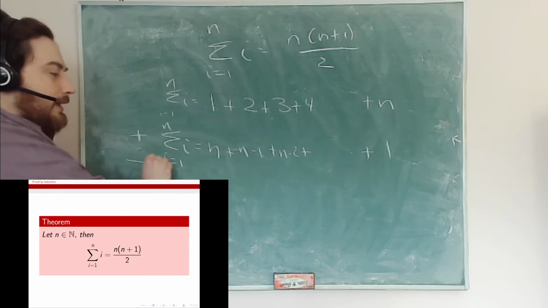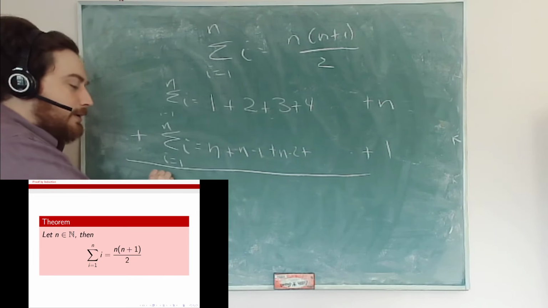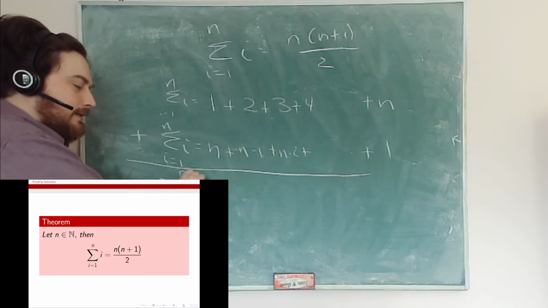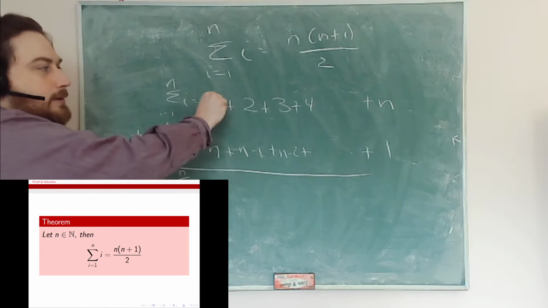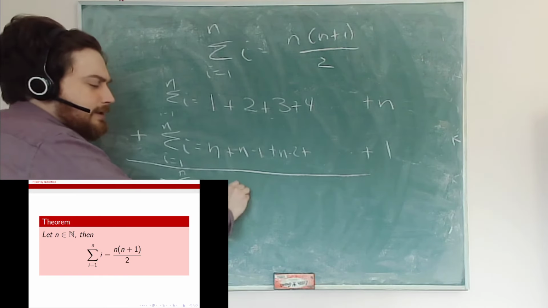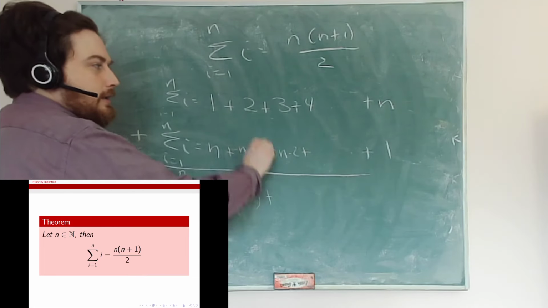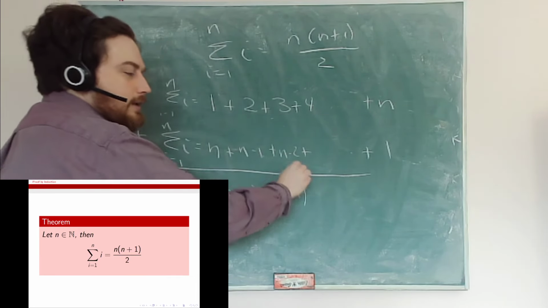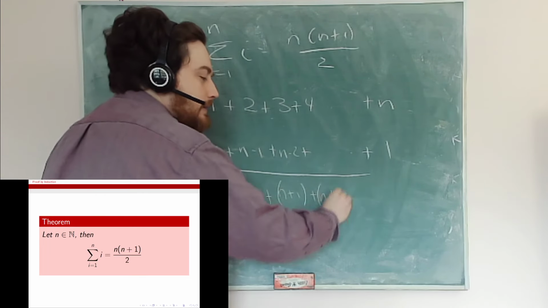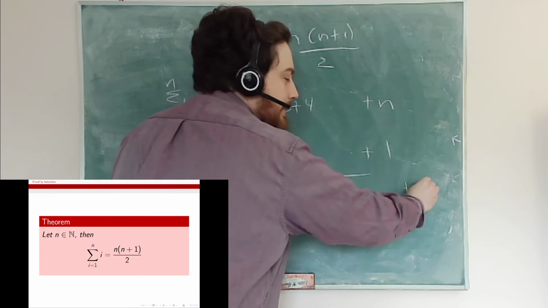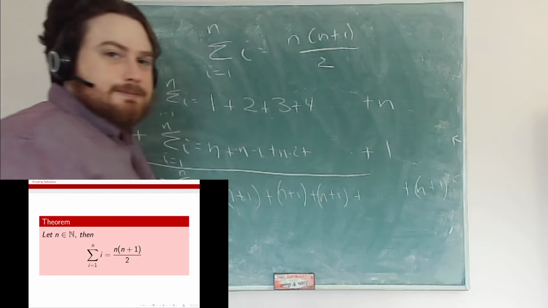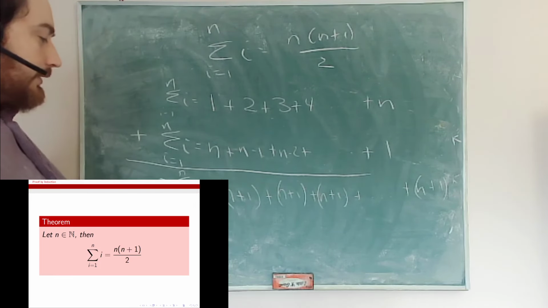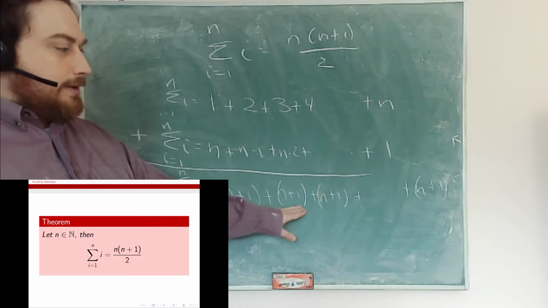But now if I add these, what I end up with is 2 of these sums are equal to, well, in this case, 1 plus n is n plus 1. 2 plus n minus 1 is just n plus 1. And then I get plus n plus 1. And for each of these terms, I'm just going to get n plus 1.